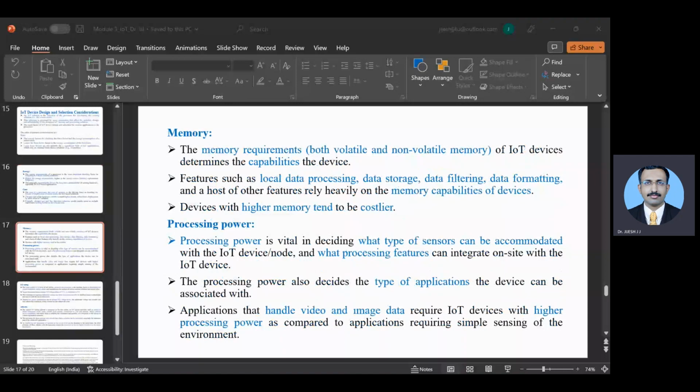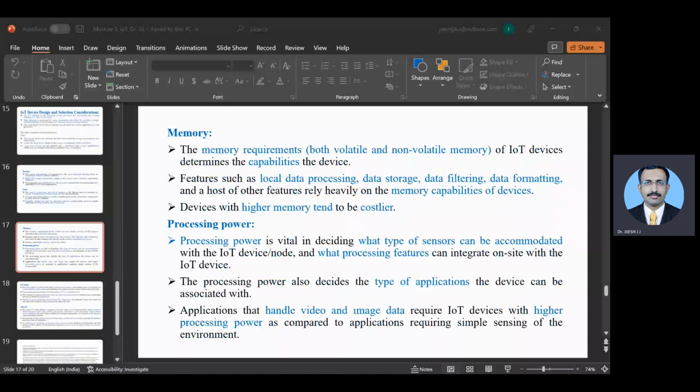Some applications need to be done faster, like military applications, or where the processing speed has to be very high. In those cases you need to go for a good processor. So select a good processor with high speed based on your application, not randomly whatever comes.